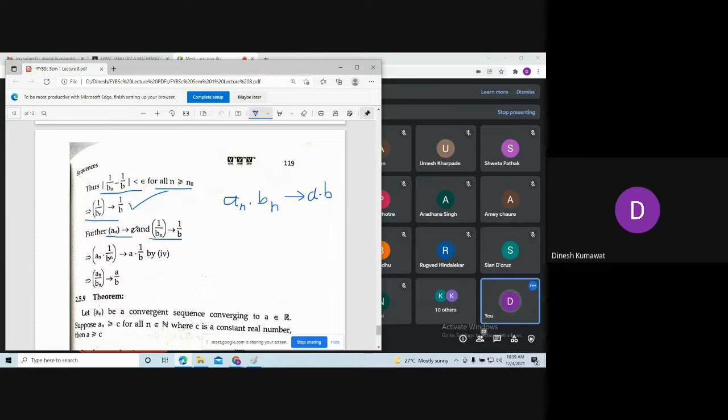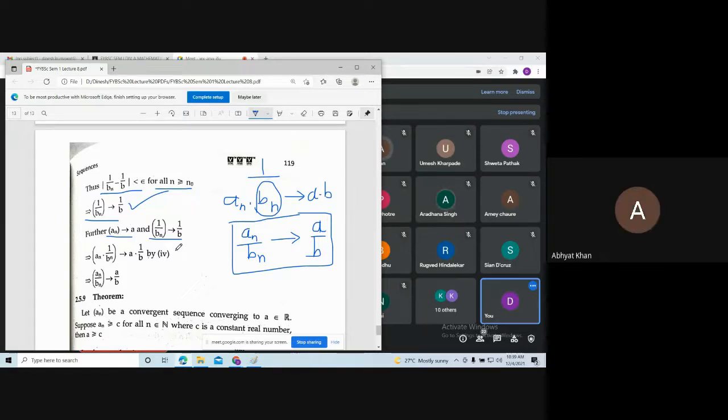So you just apply the fourth property where instead of bn you put 1 upon bn. So here we are having an by bn, and 1 upon bn converges to 1 upon b, and an converges to a. So combining, using the fourth property, we can conclude an by bn converges to a by b. Is this clear now?